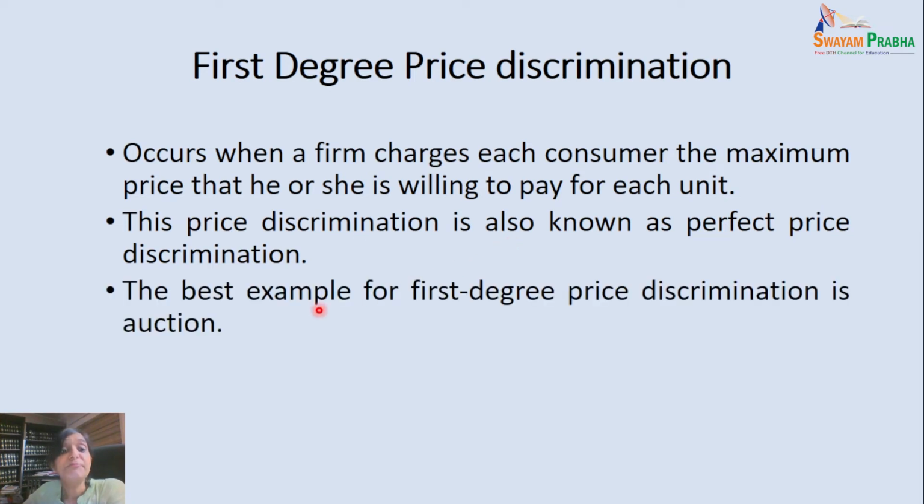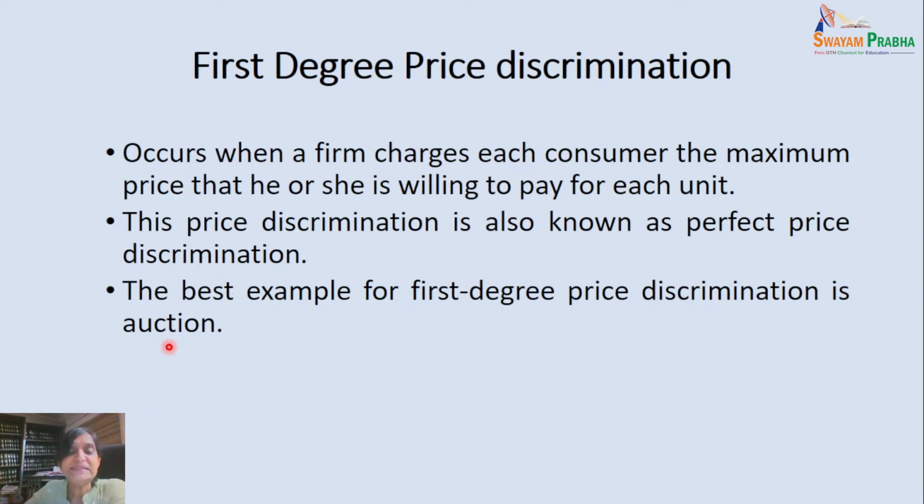Okay, the best example of first degree price discrimination is an auction. I hope all of you understand what is an auction. That is, for the same product, people bid for it. Whoever bids the highest. What is bidding? Bidding basically means showing at what price you are willing to buy that product or service.